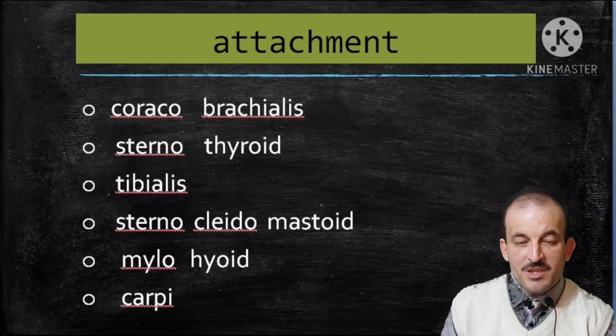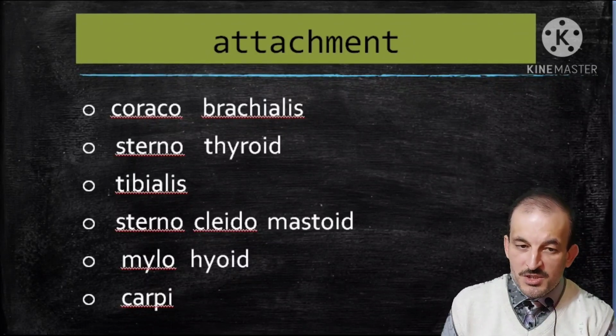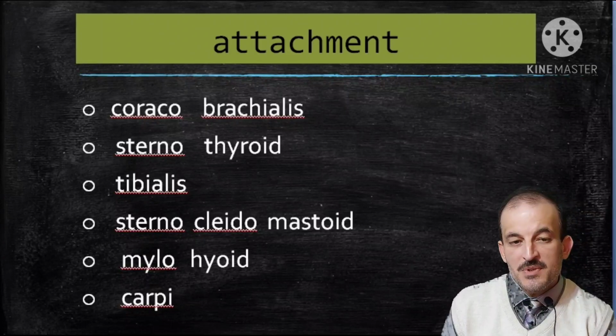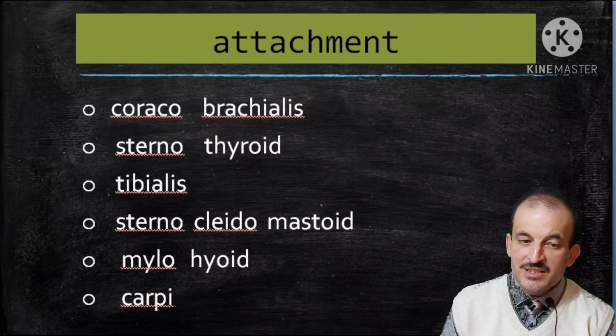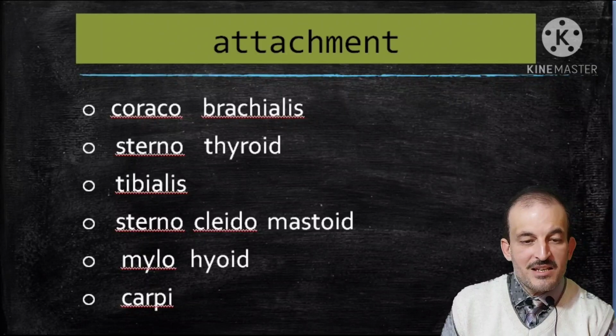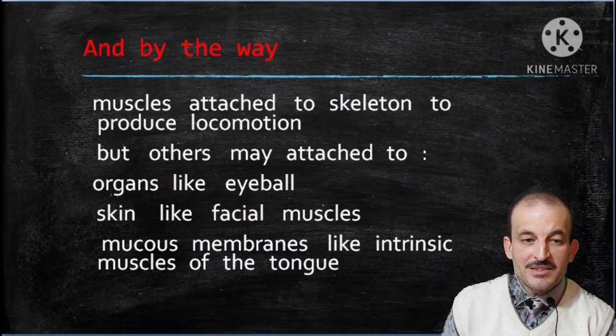Muscles which are named according to their attachment. Attachment, I mean attachment of origin and attachment of insertion, such as coracobrachialis, sternothyroid, tibialis, sternocleidomastoid, mylohyoid, and carpi.